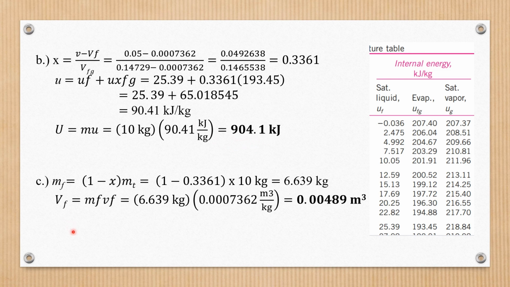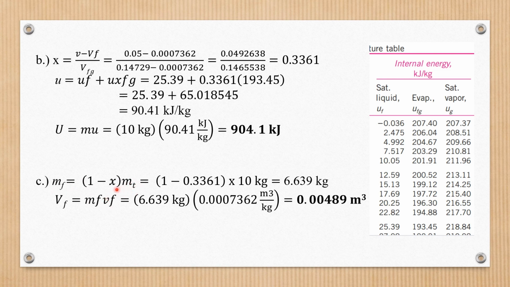Next, we find the volume of the liquid phase, wherein the mass of our liquid is multiplied by the saturated liquid. Since the mass of the liquid is not given, we find it first using this equation: mass of the liquid is equal to 1 minus quality times the mass of the container or the vessel.